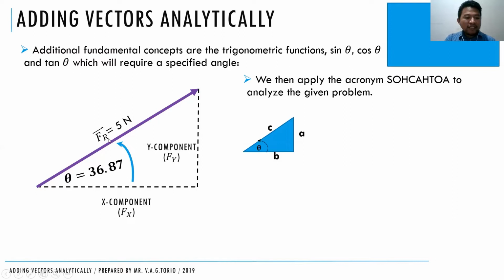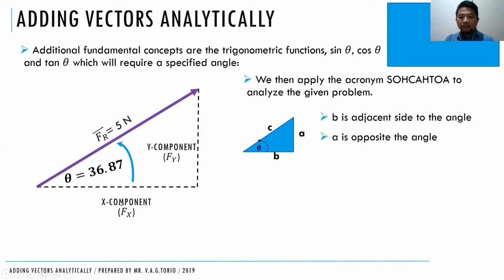Theta is also adjacent to f sub r. However, f sub r is already labeled as the longest side, or the hypotenuse. So whenever we refer to the adjacent side to the angle, we refer to the other side, not the hypotenuse. In our similar triangle here, we represent B to be the adjacent side to the angle theta.